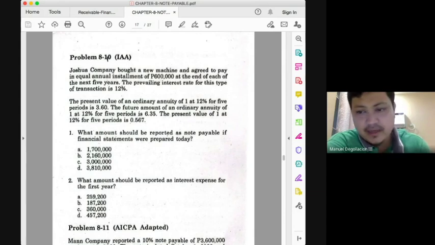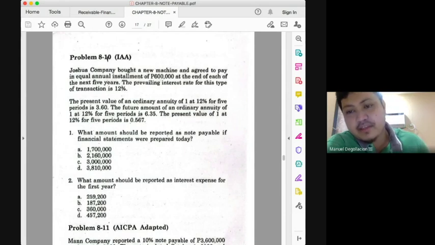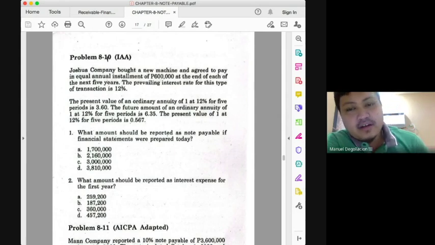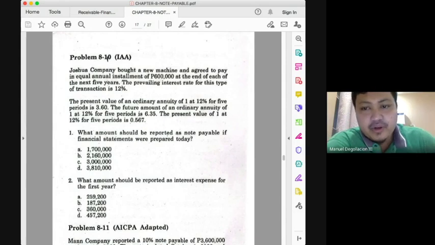And problems will become even trickier, especially if the promissory note is payable in installments, because by then, the principal liability will also gradually decrease as a result of the principal payments that you will be making periodically.